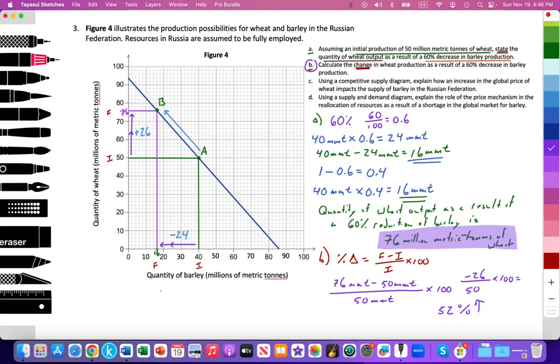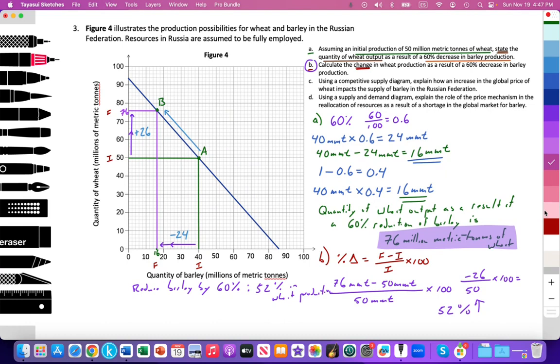So just to reflect on that, to reduce barley by 60%, we get a 52% increase in wheat production.